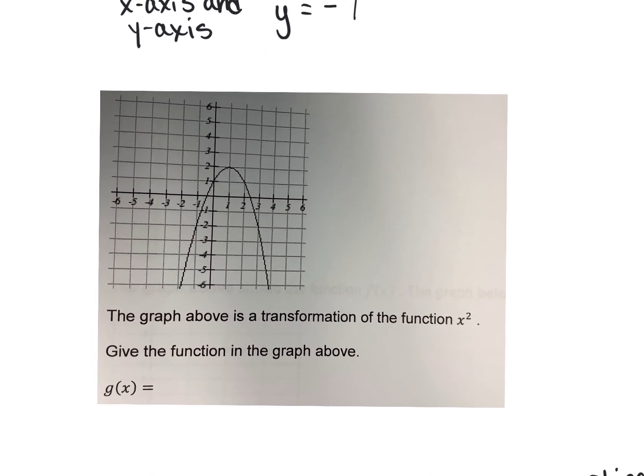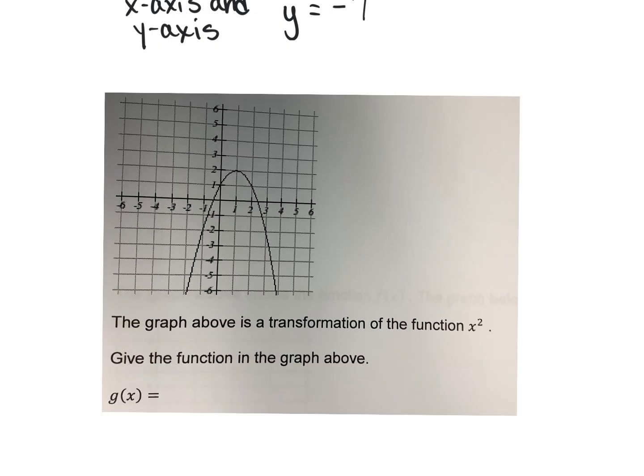Next one it's telling you that it's a graph of the quadratic, and it wants you to find the equation of this graph. So the first thing I'm going to do is know that in its original form, it starts here, here, and here. So the very first thing I'm seeing is that it doesn't even open up, okay?